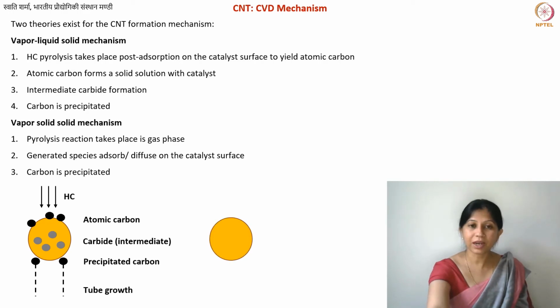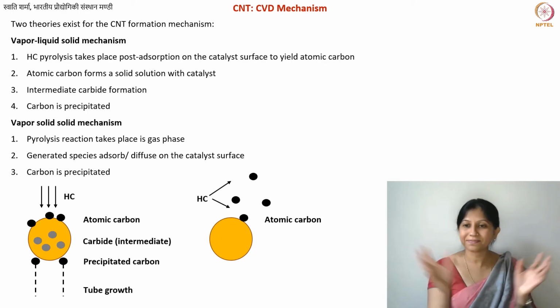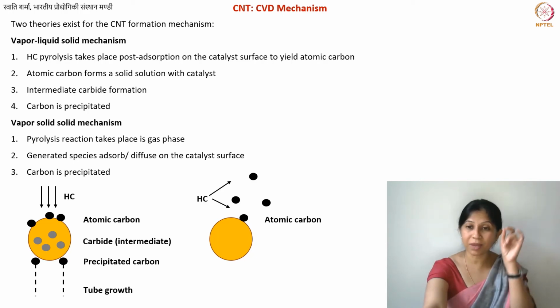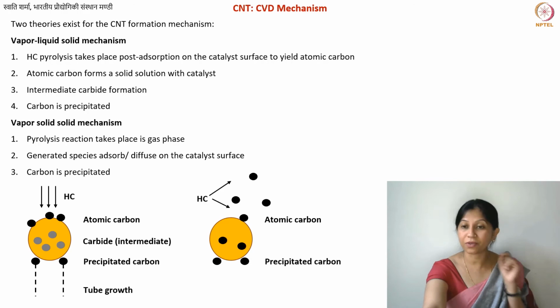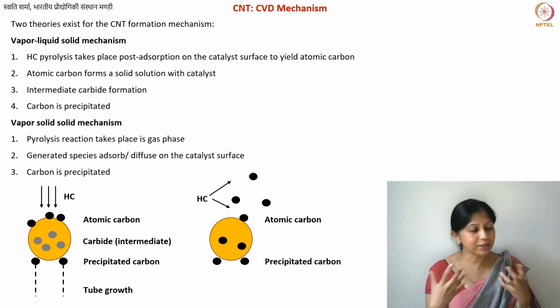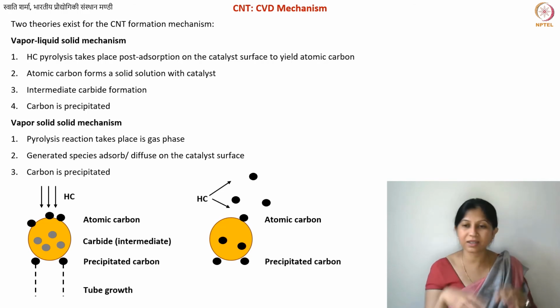Okay, so here again, with the help of a diagram, this is your catalyst particle, but here the hydrocarbon is dissociating already in the gas phase and converting to atomic carbon. This atomic carbon then deposits on top of your surface, and then it precipitates out. Also, in this particular case, carbon does dissolve, there is some sort of solubility that we still need to understand, but the carbide formation is not taking place.